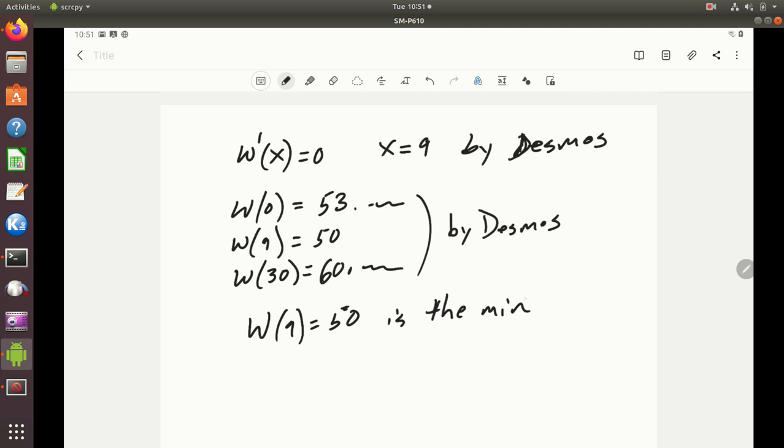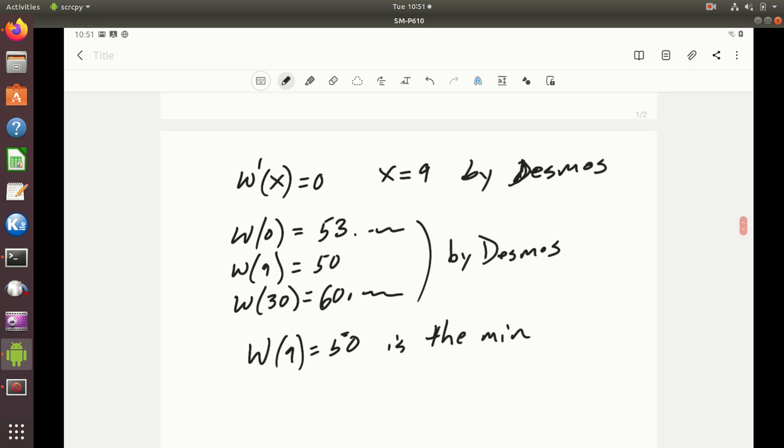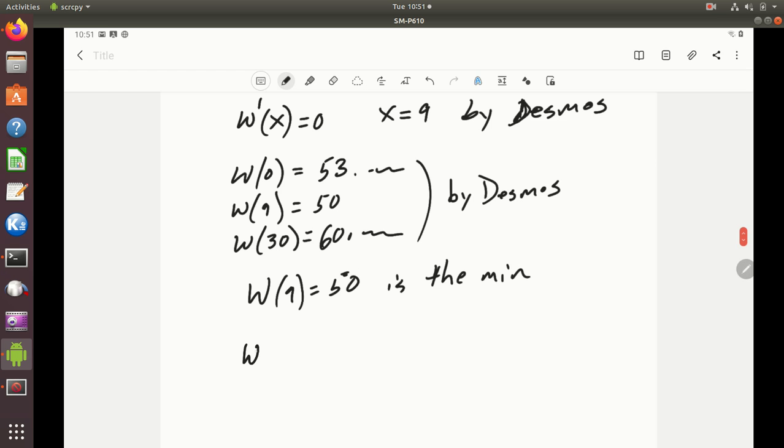Okay, so I can use that, and the other possibility would be to look at W double prime of x, and I could write that down, but actually all I really care about is its sign.